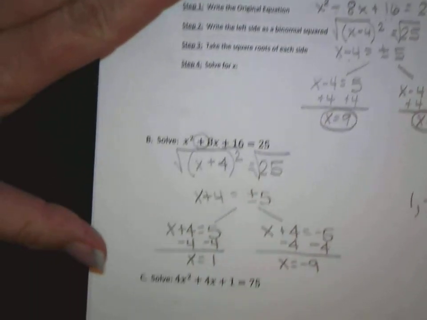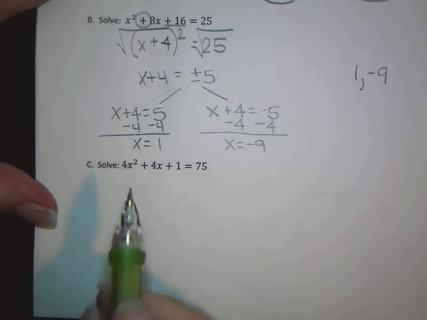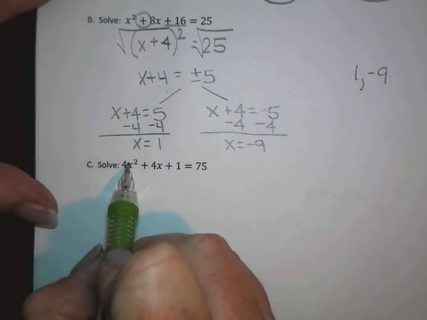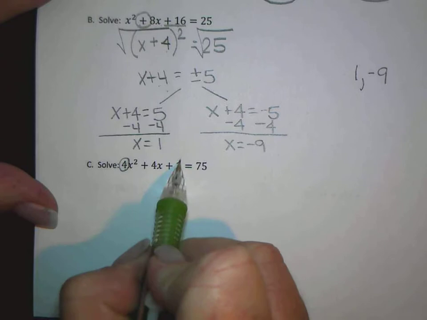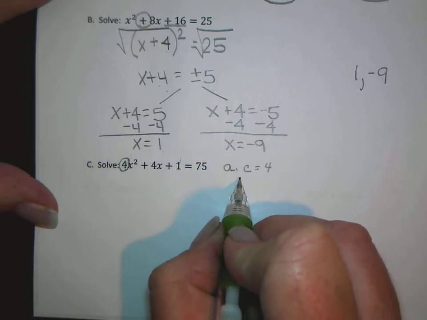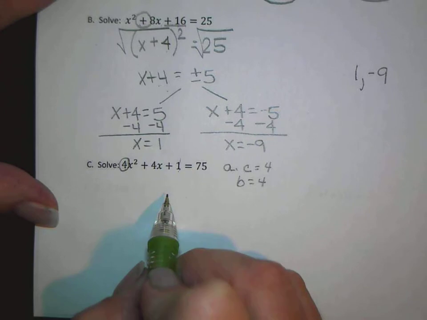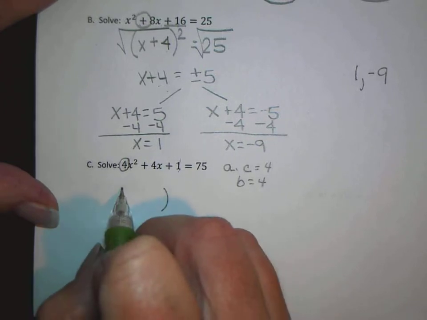Okay, now let's go down here to example C. Now, if you'll notice this one has something out front. So this is one of those A times C, so your C equals 4, but B equals 4. Well, you might be saying, Ms. Hurd, that's 2 again. You're right, but remember the last numbers, this is where the trick comes into play.